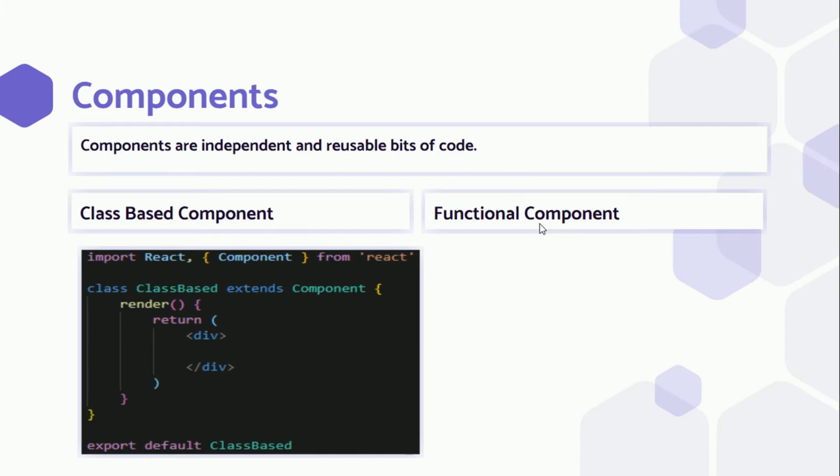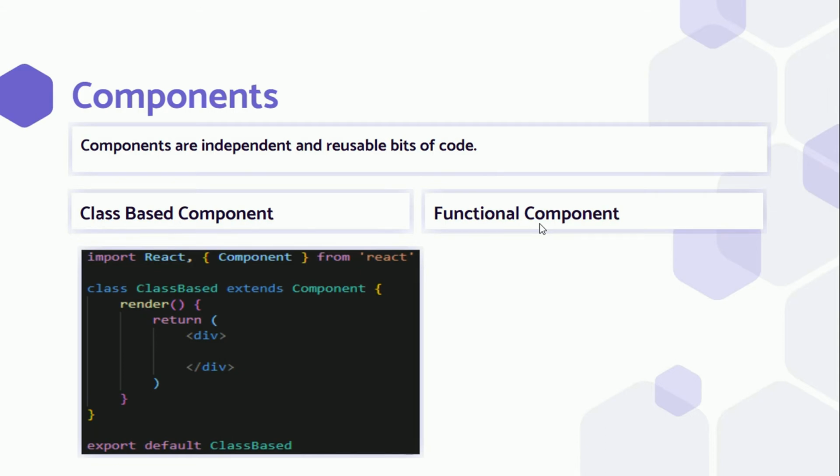So here React is a default export and Component is a named export, as Component is wrapped inside the curly braces. So it's an easier way to identify which one is a default export and which is a named export. If you see anything wrapped inside curly braces, that is a named export from that package.